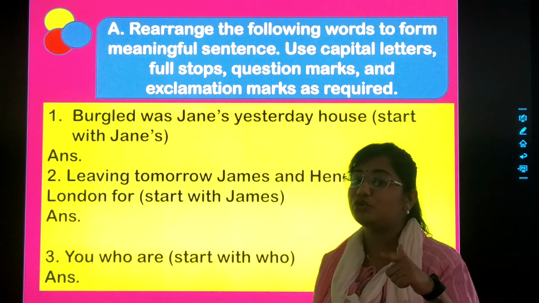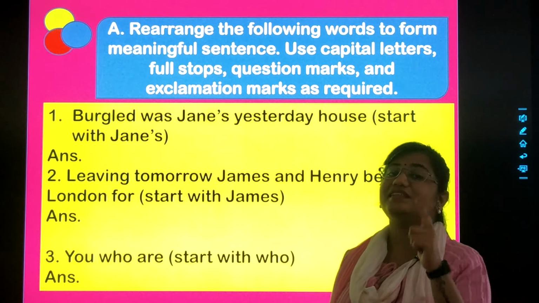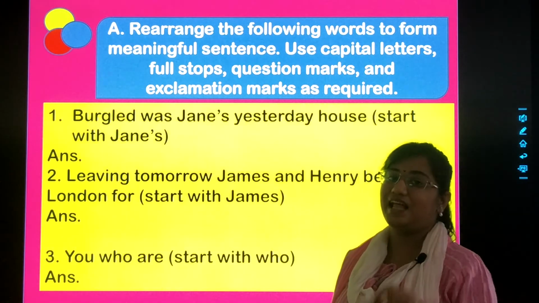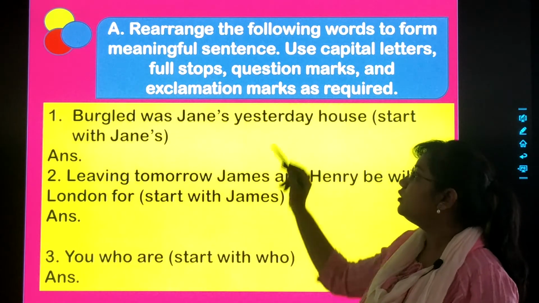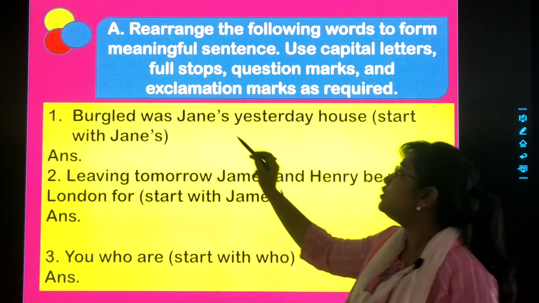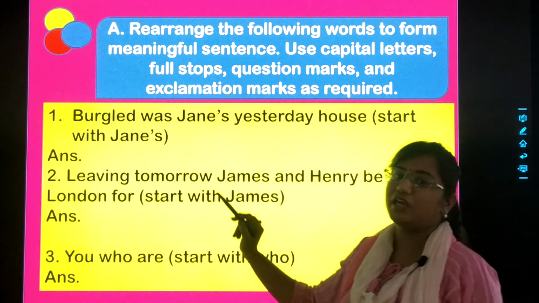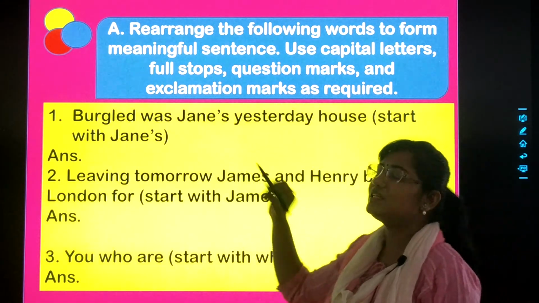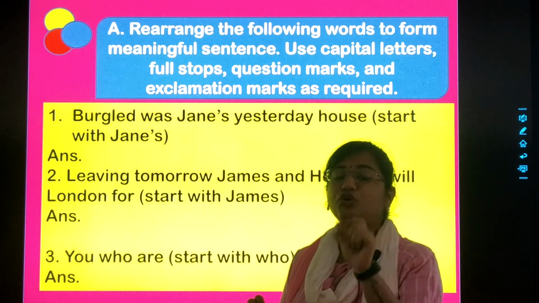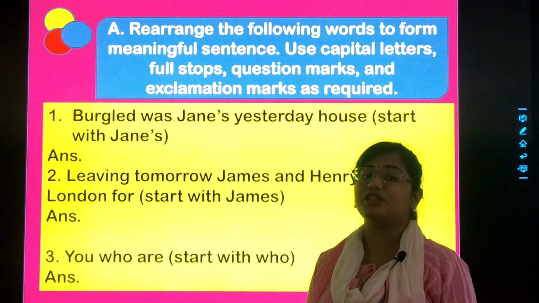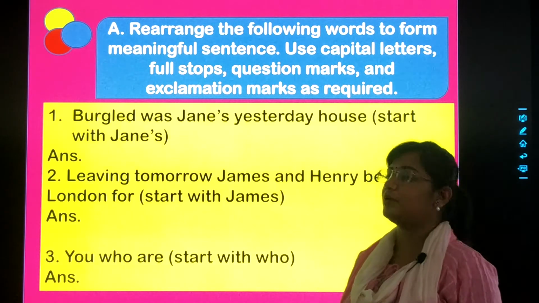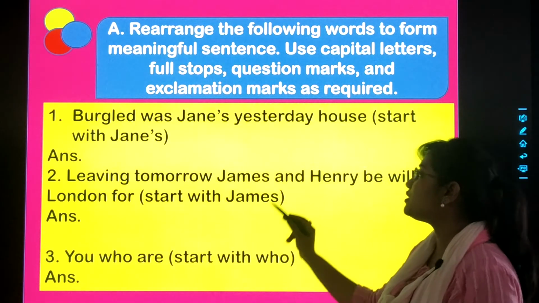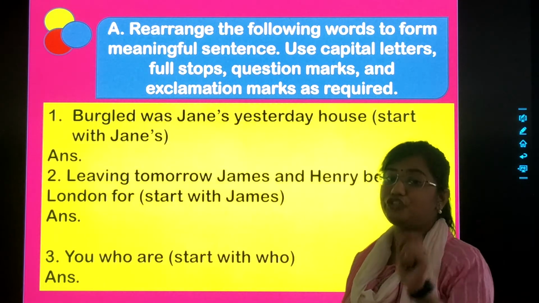And the next rule we need to follow is that the sentence must always begin with a capital alphabet. So, over here in the first sentence, the J of James must be capital, and as it is conveying a fact, you will end the sentence with a full stop. Number 2, we have to start the sentence with James.